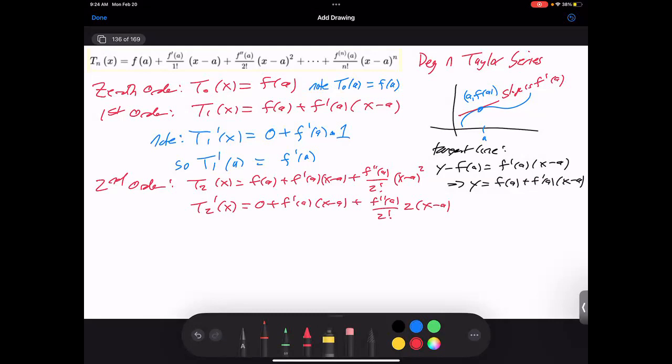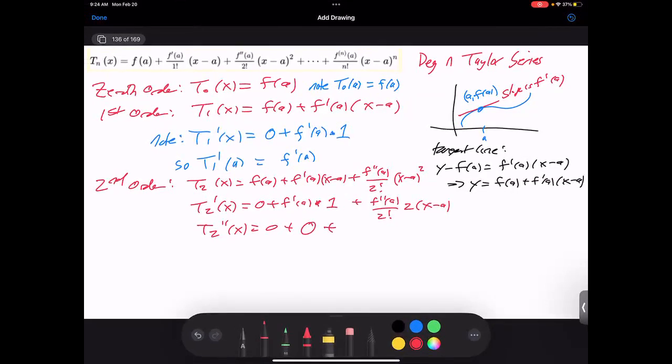And let's calculate the second derivative. Oh, sorry, there's no x minus a up here. This is just 1. So when I take the derivative of f prime of a times 1, what do I get? It's just 0.